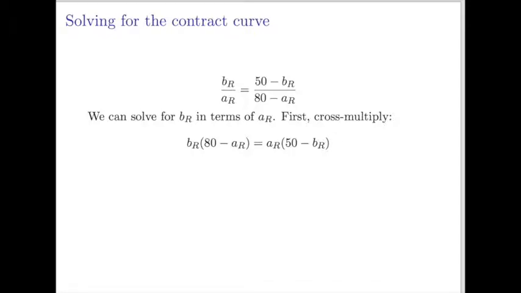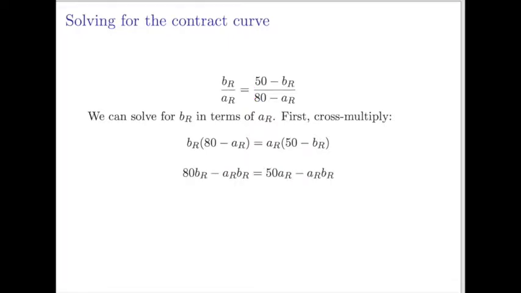Okay, so what we can do next is solve for the number of bananas that Rob should consume in terms of the number of apples he consumes. So we'll first cross multiply these two fractions. So BR times (80 minus AR) has to equal AR times (50 minus BR).